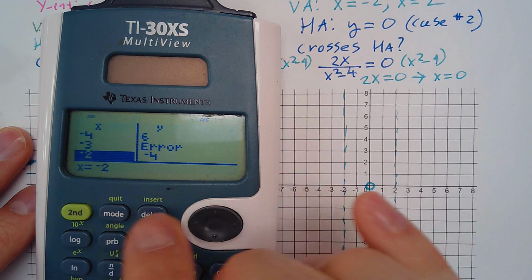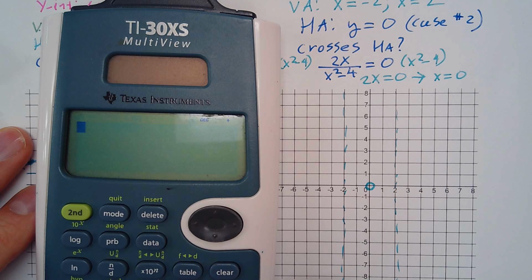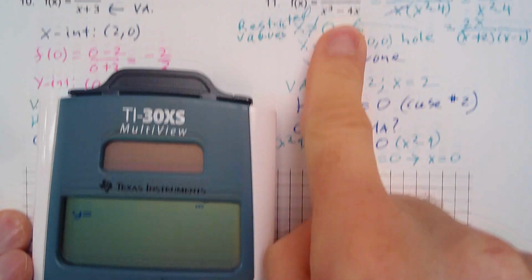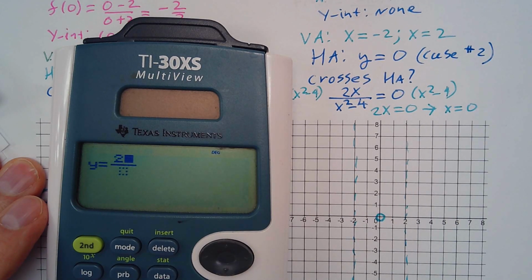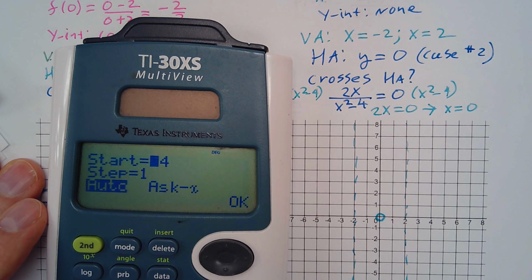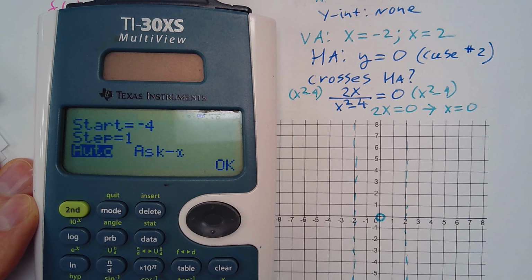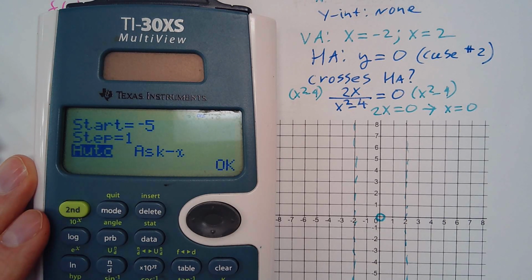So let me quit out of this. Get back in the table. Let me clear this. And I'm going to type in the original function just so that we capture everything, and so we can take a look at what that hole looks like. Maybe I'm going to start this at -5 and step by 1.